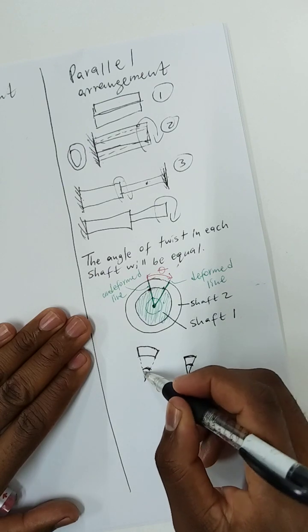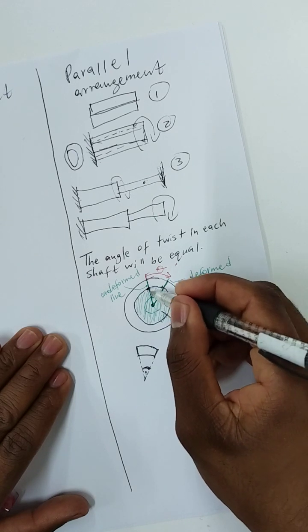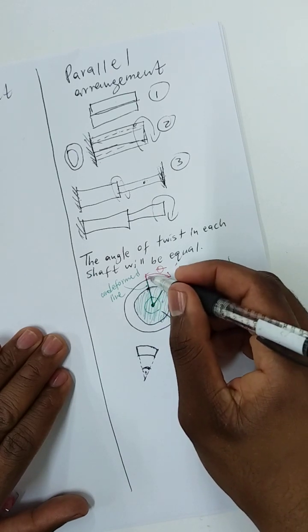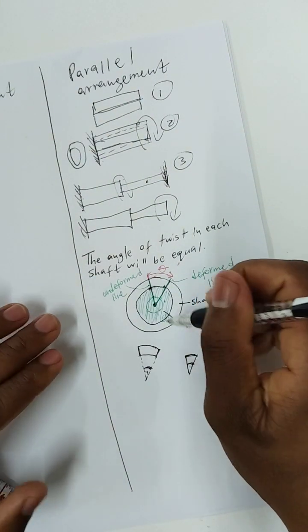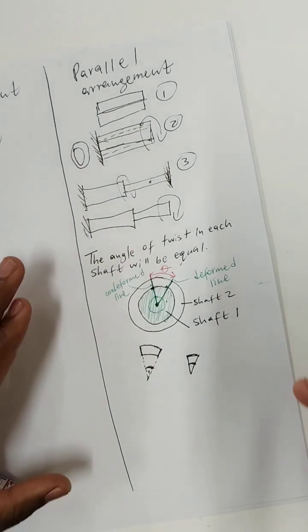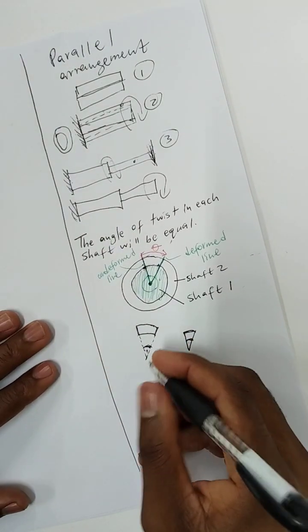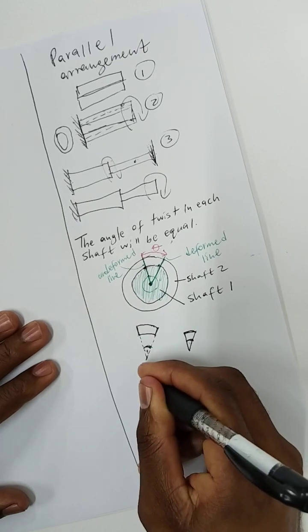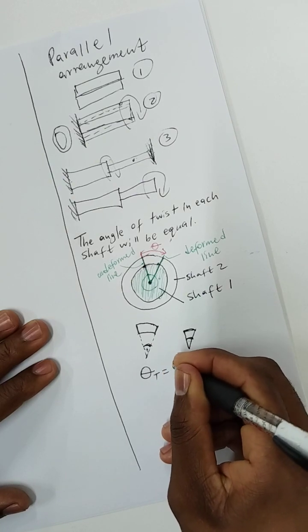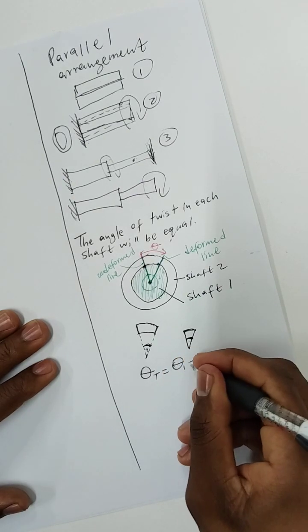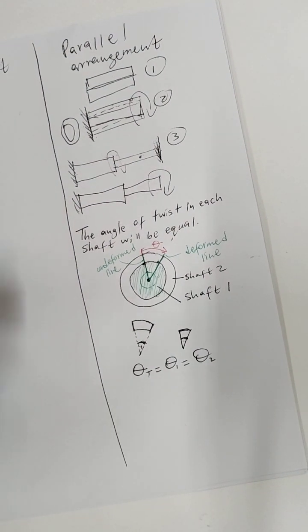So this angle will be equal to this. In mathematics we say that this angle is common. It's common for this kind of triangle and common for this big kind of triangle. Therefore, the angle of twist for this outer shaft and the inner shaft will be equal. So in that way, we can say this angle here is the total angle, or the angle of twist for shaft number 1, or the angle of twist for shaft number 2. They will be equal.